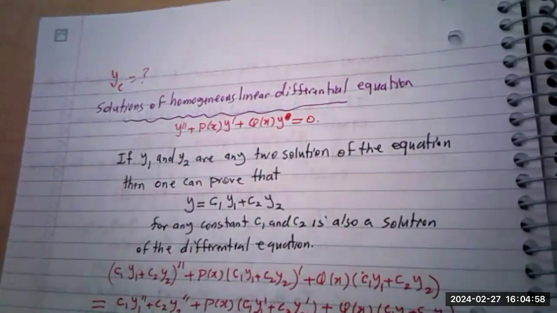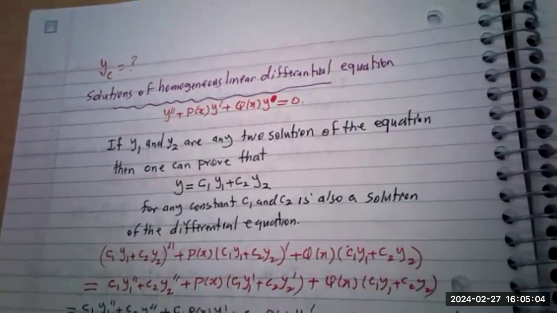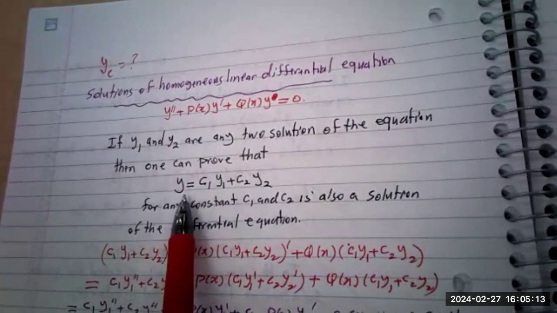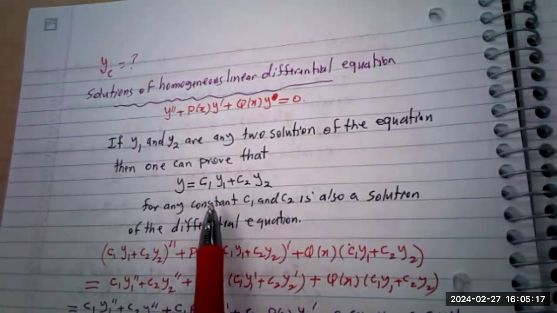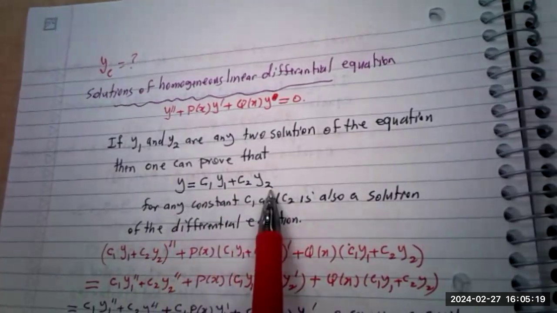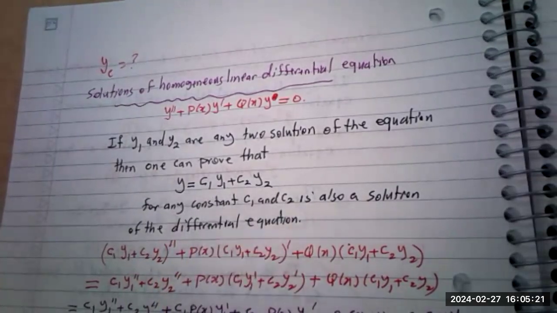Then we proved more. We proved that if Y1 and Y2 satisfy a special condition, or if they are independent in the language of linear algebra, this would give any solution. Any solution of the equation can be written in this format, because there is a guarantee that you can find the C1 and C2 that satisfy this condition.